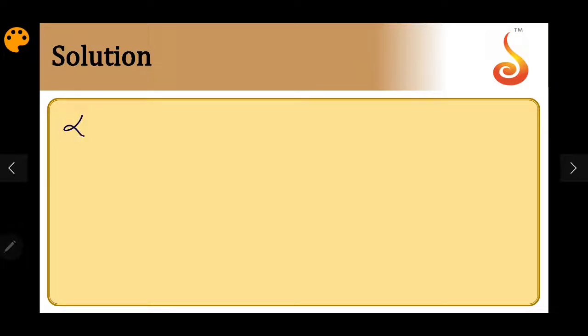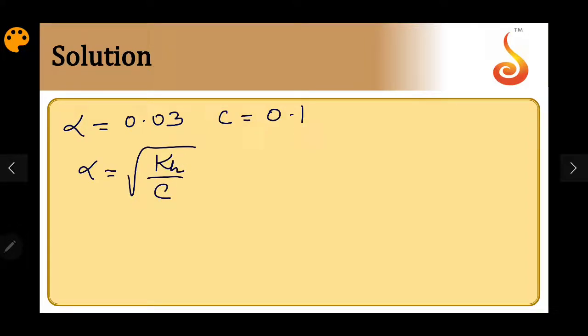So alpha is 3% means 0.03. C is equal to 0.1. All of us know alpha is equal to root of KH by C. So if you substitute, 0.03 is equal to root of KH by 0.1.